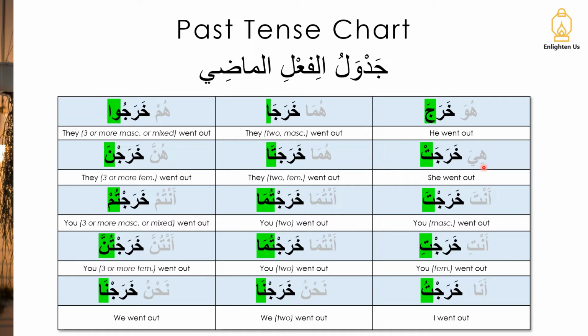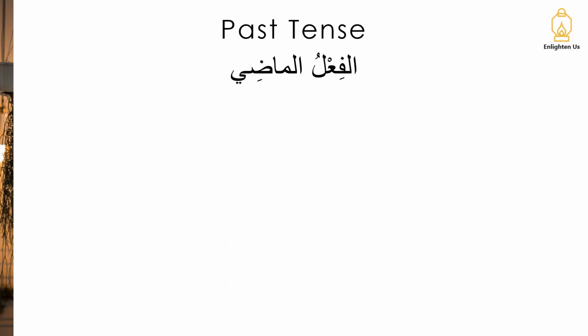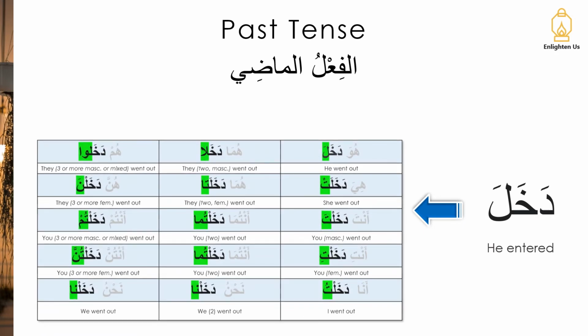That's the first thing. The second thing, this chart is a sort of template for other roots. So to understand that a little bit more, let's have a look at a different example. So let's take the example of another root, dakhala, he entered. And let's see how that pans out.